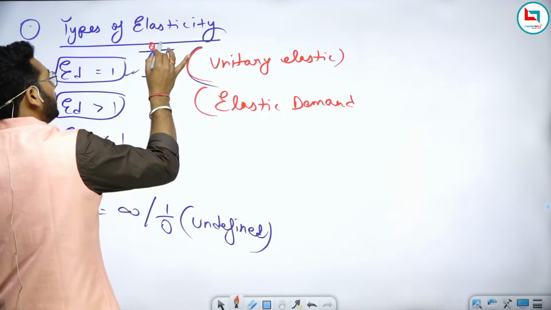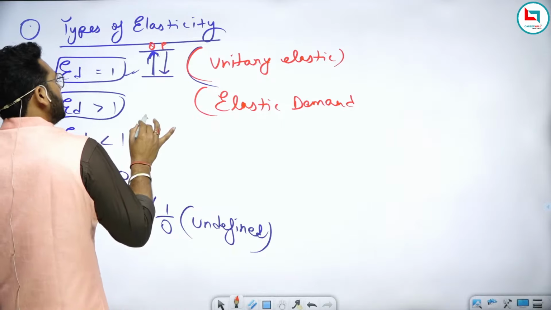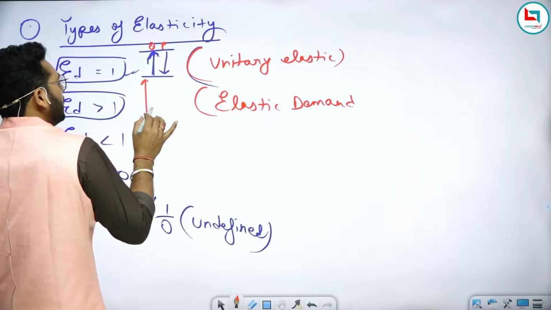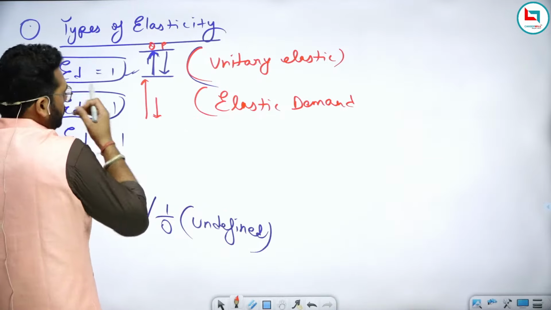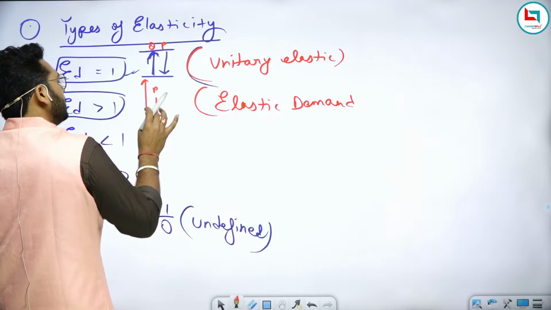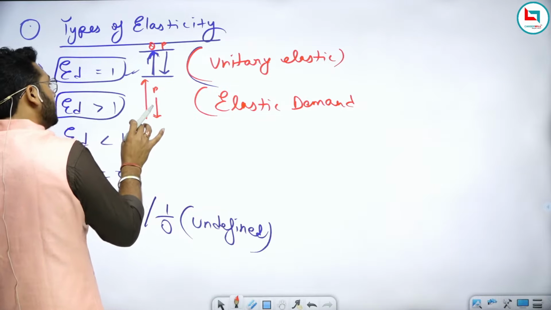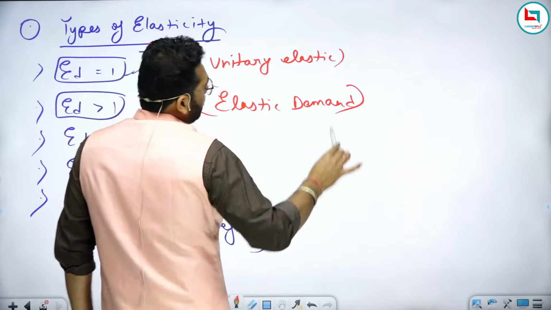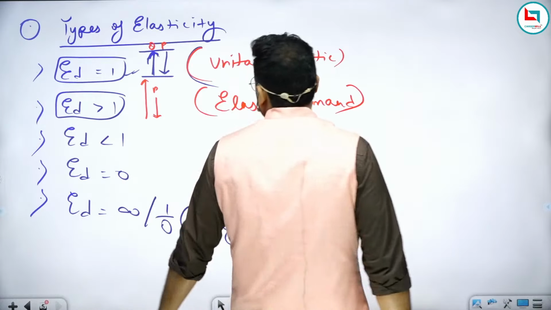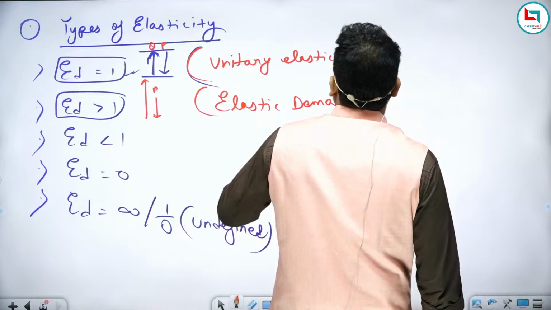Here is quantity, here is price. The quantity is changing more comparatively than the price. So if the price is changing less and quantity is changing more than price, this is ED greater than 1, which means elastic demand.